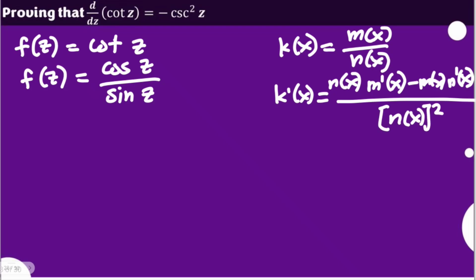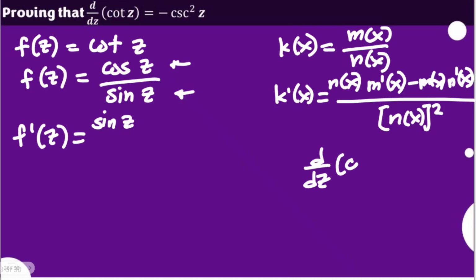Applying that here, where our denominator is sine z and cosine z is our numerator, the first derivative of cotangent z would be in this manner: denominator sine z times the derivative of your numerator, which is cosine z, previously identified as negative sine z.